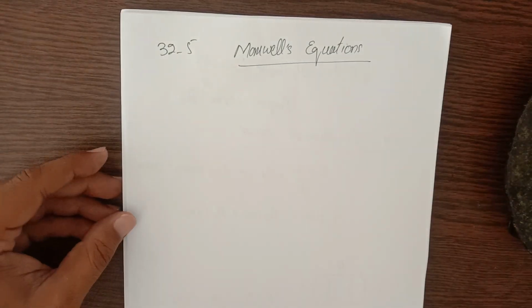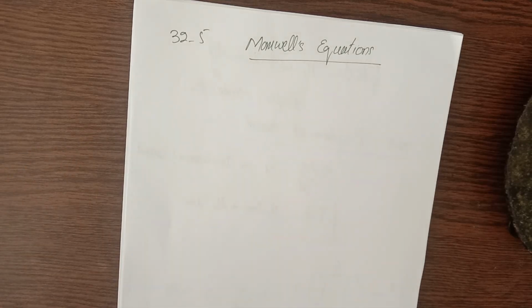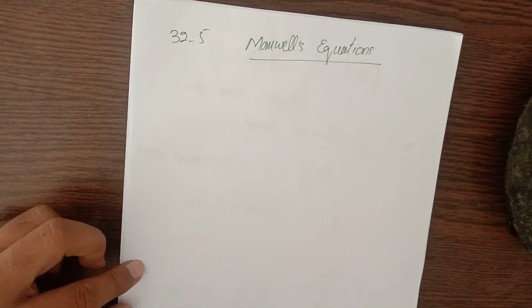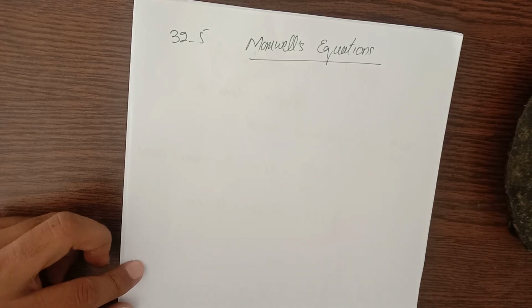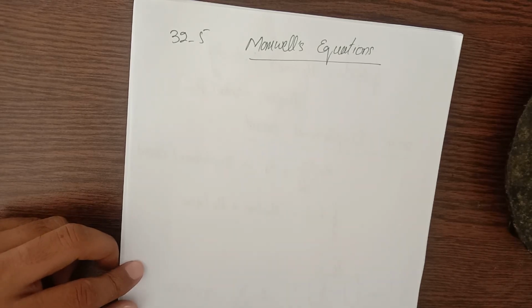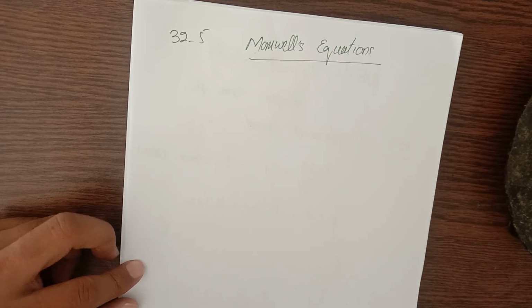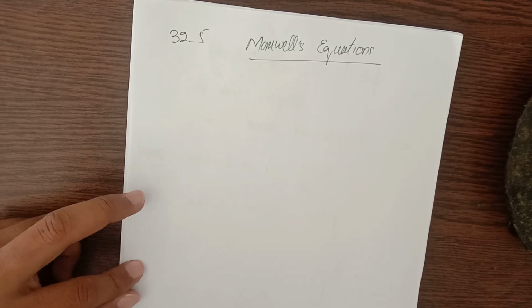The last topic of today's discussion is Maxwell's equations. Maxwell actually introduced these four equations in the form of Maxwell's equations, and some of these laws are very familiar to you, and you have already used them in electricity and magnetism.